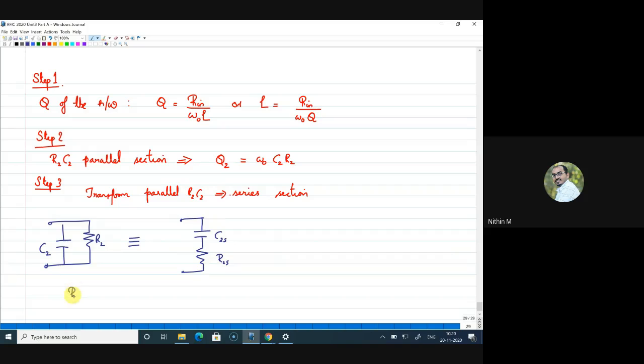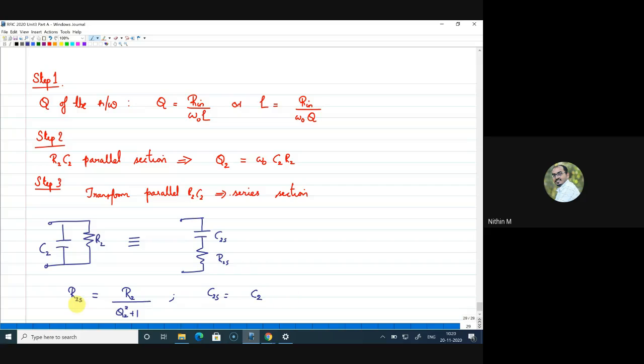So I can write that R2S is equal to the resistance value R2 divided by Q2 square plus 1, and similarly C2S is equal to C2 into, if you remember, we were always writing in terms of parallel resistance. Now it is series. So R2 is the parallel component and R2S is the series component.